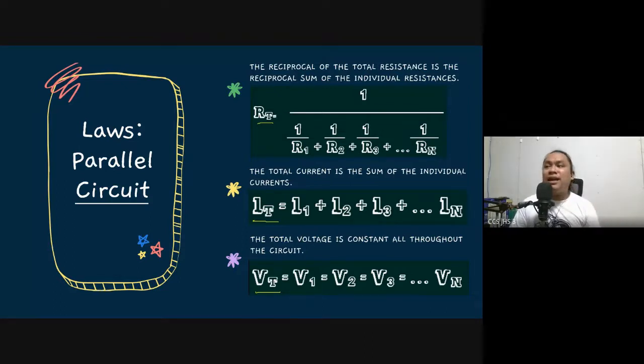But here, in parallel circuit, we use this formula. The reciprocal of the total resistance is the reciprocal sum of the individual resistances. So our formula is R sub P, or total resistance, is equal to 1 over R sub 1 plus 1 over R sub 2 plus 1 over R sub 3 plus ... 1 over R sub n. Again, depending on how many loads are connected in your parallel circuit.